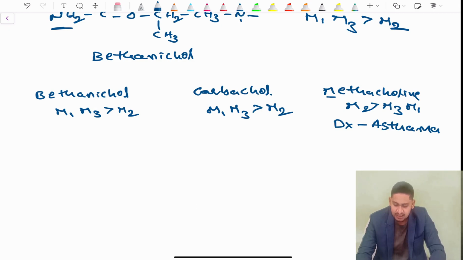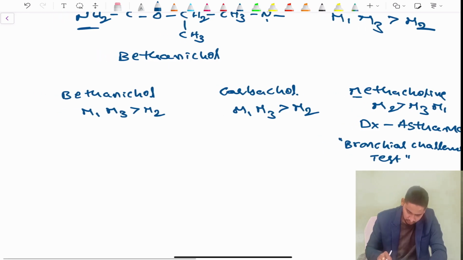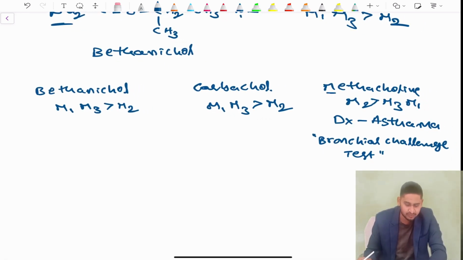Hence methacholine is used for the diagnosing of asthma. The test which is carried out here is called the bronchial challenge test. Right, this is about methacholine and its use.